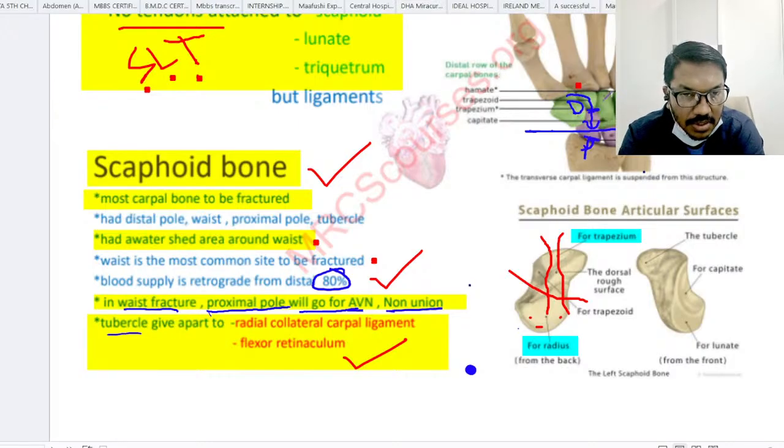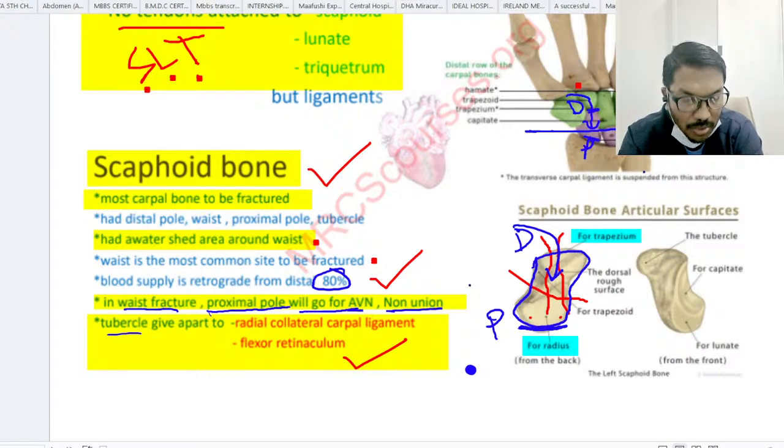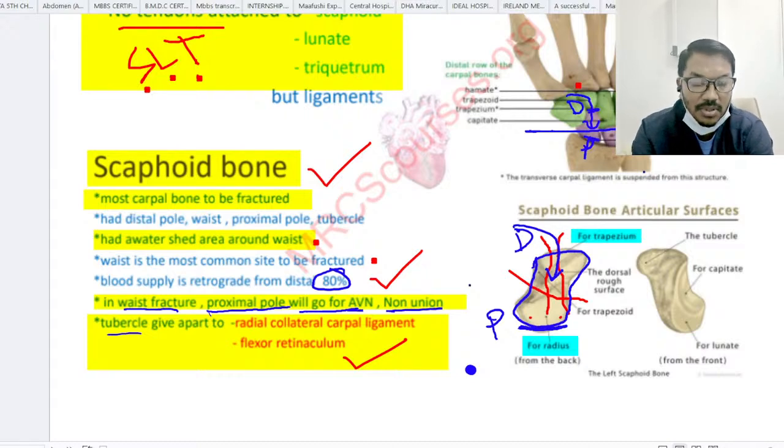Suppose this is scaphoid, and this part is attached with the radius, and its blood supply is coming from this direction, from distal to proximal. Yes, the proximal part will undergo avascular necrosis. This is an exam question.